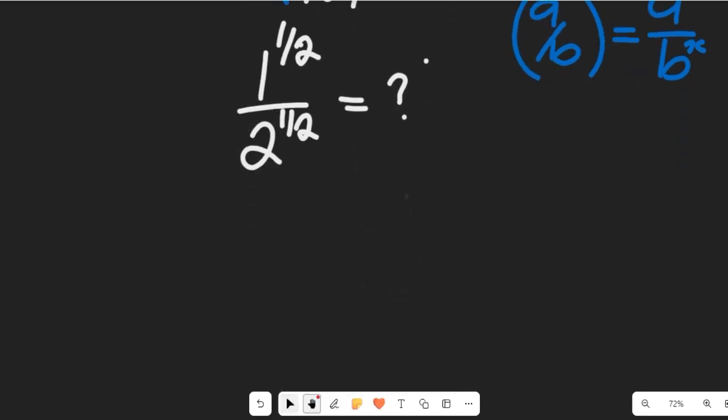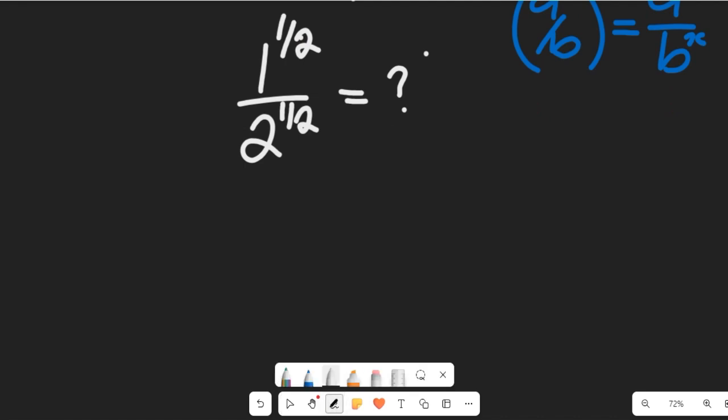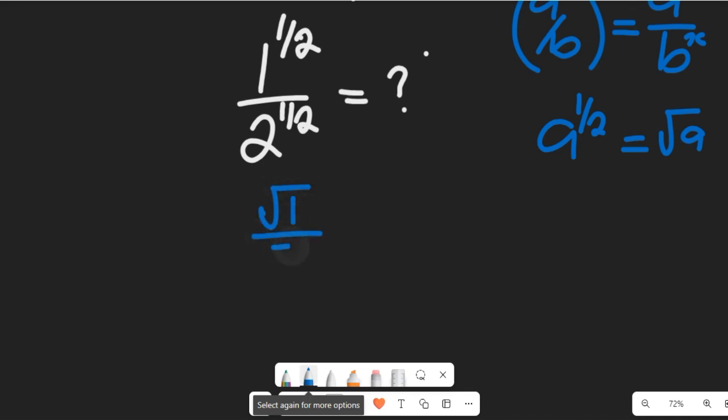In the next step, recall this, that if I have a to the power of 1 divided by 2, this can simply give me the square root of a. So that will give me the square root of 1 divided by the square root of 2. Great. Now, what would that expression give us?